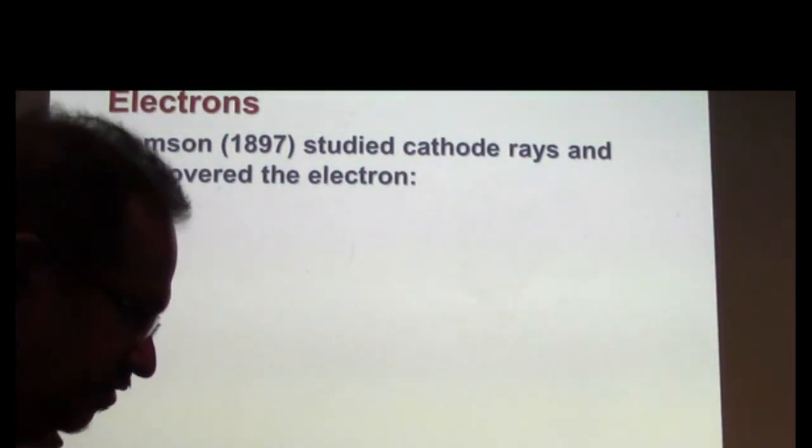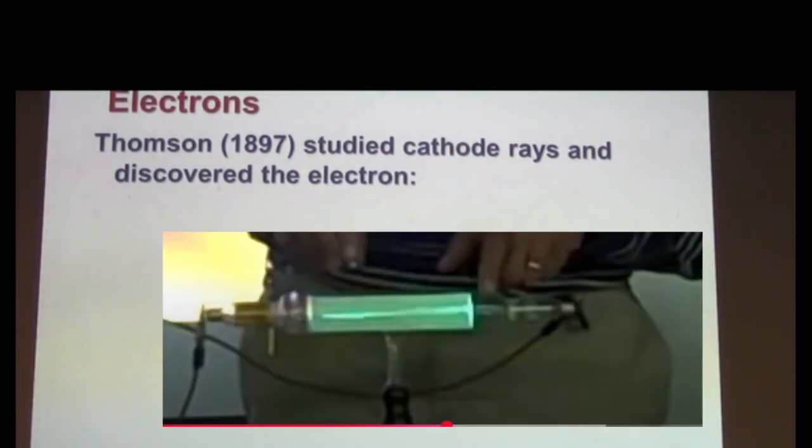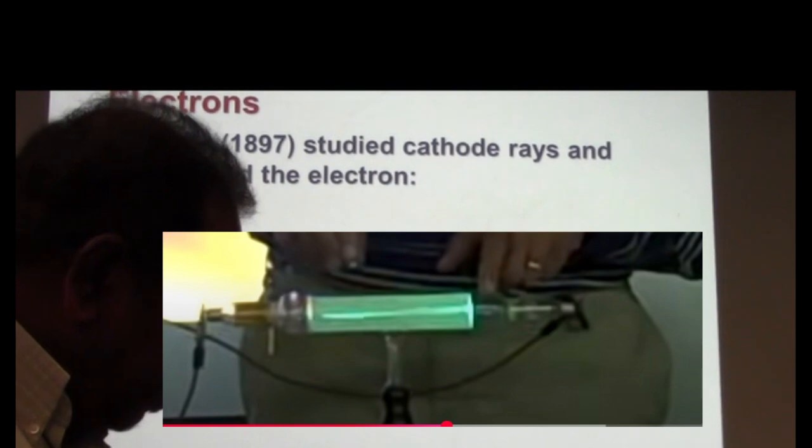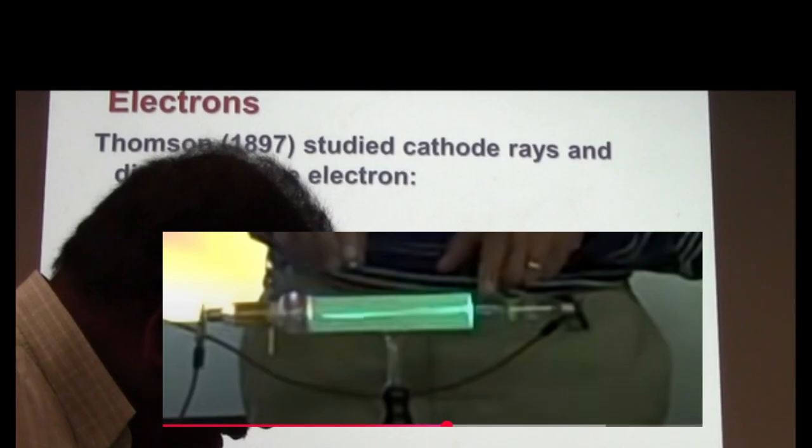This is a screen made out of zinc sulfide. It fluoresces, it shines, okay, when you turn this on. For example, if I apply a magnetic field to this, what happened?